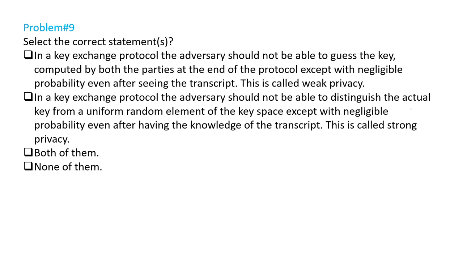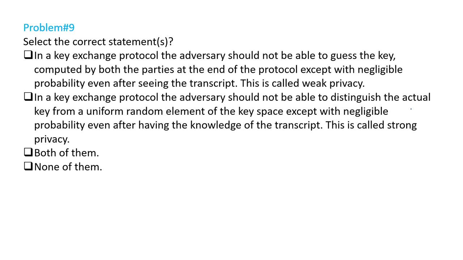Select the correct statements. In a key exchange protocol, the adversary should not be able to guess the key computed by both the parties at the end of the protocol except with negligible probability, even after seeing the transcript. This is called weak privacy. This is correct, right? So I was already telling that in a key exchange protocol, at the end of the protocol, both the sender and receiver agree upon some key.